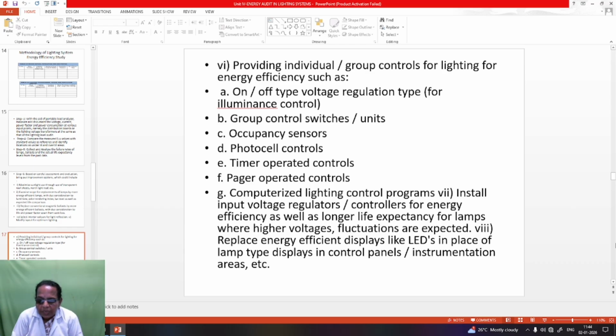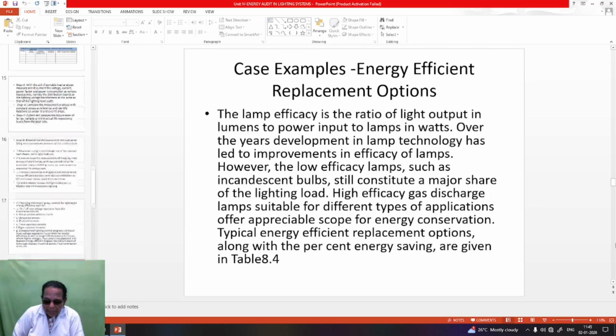Then install an input voltage regulator controller for energy efficiency as well as larger life expectancy for lamps where higher voltage fluctuations are expected. Then replace lamp type displays with energy efficient displays like LEDs in control panels, instrumentation areas, etc.